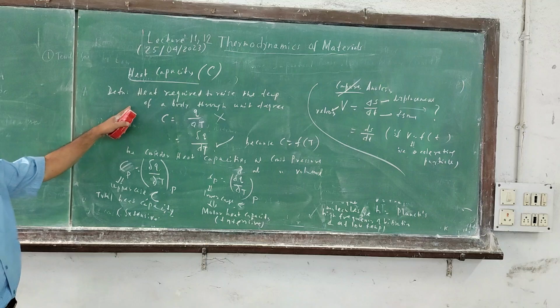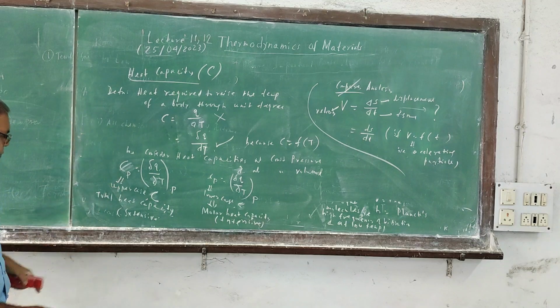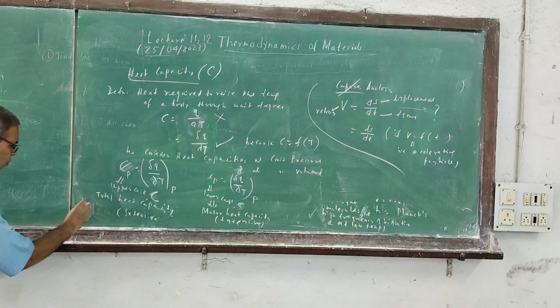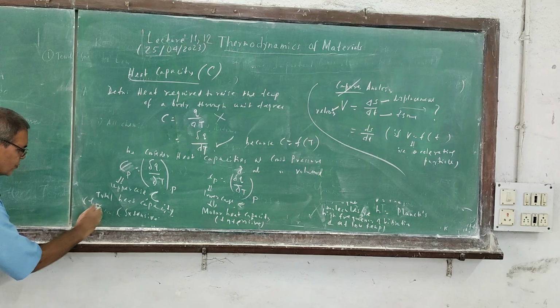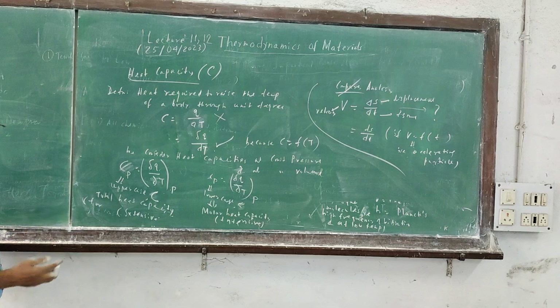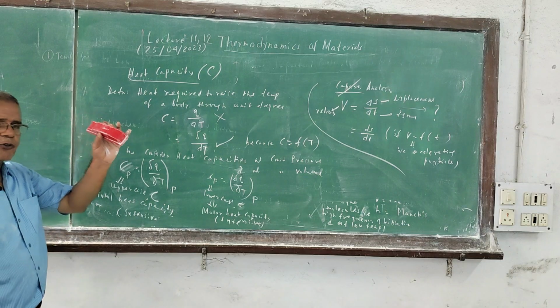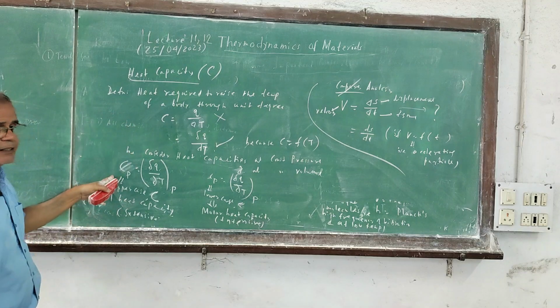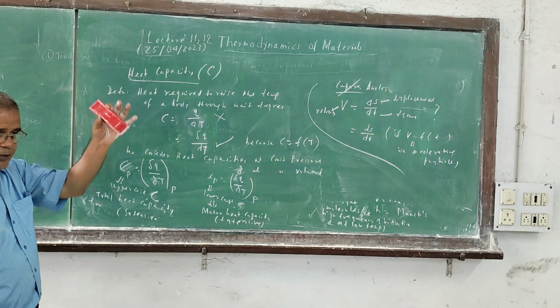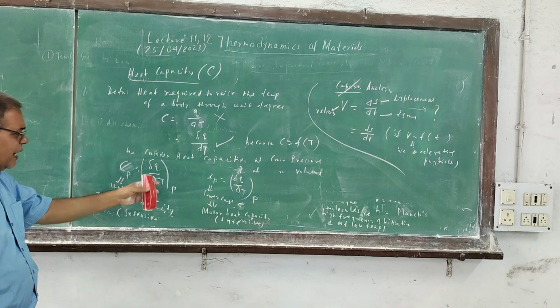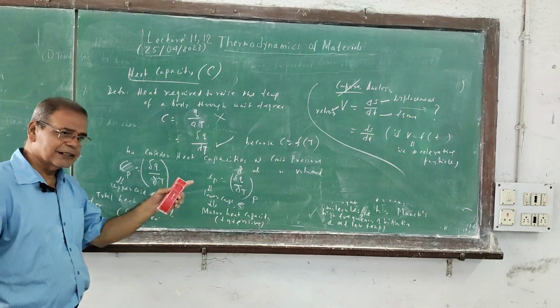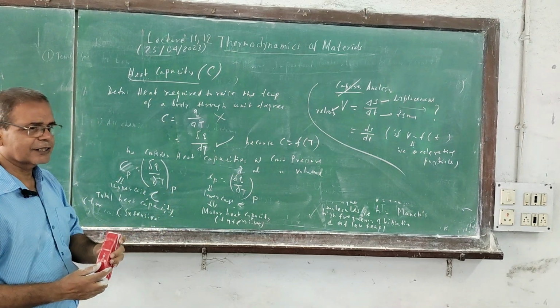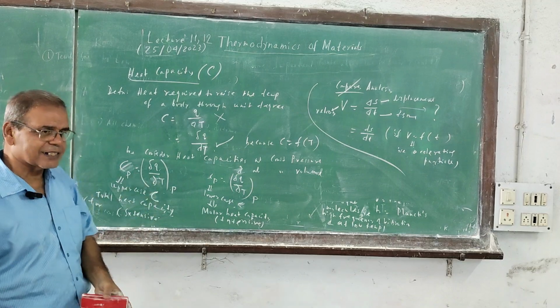Size is not given. If the total heat capacity is for n moles, this is the body of n moles. Heat required to raise the temperature of this body through one degree, for n moles. If I consider 1 mole of this, then the heat requirement will be less.